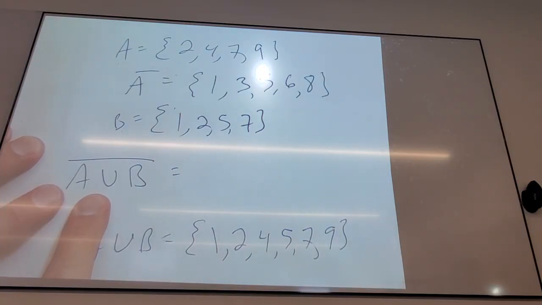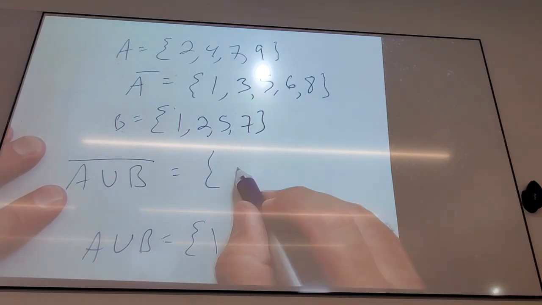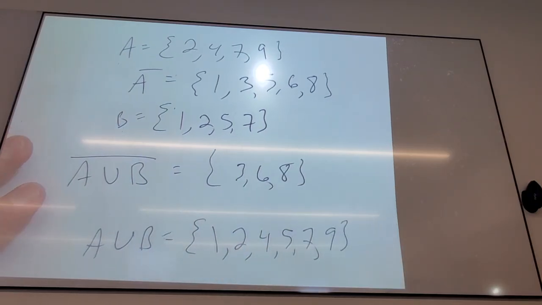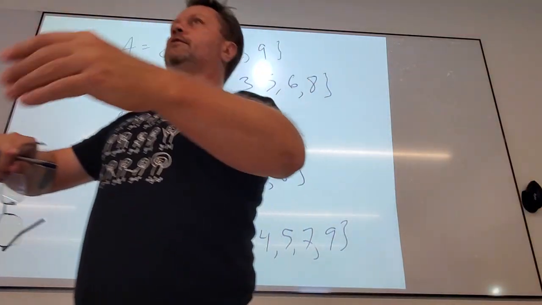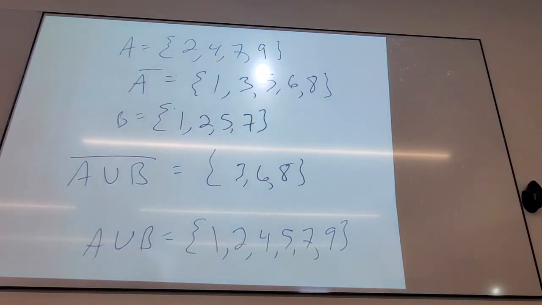Okay, so what's not in A or B? 3, 6, 8. Do you see what I mean? So I could ask you one question, but to be nice to yourself, you can break it down into parts. If only I knew what A or B was, I could figure out what's not in there.